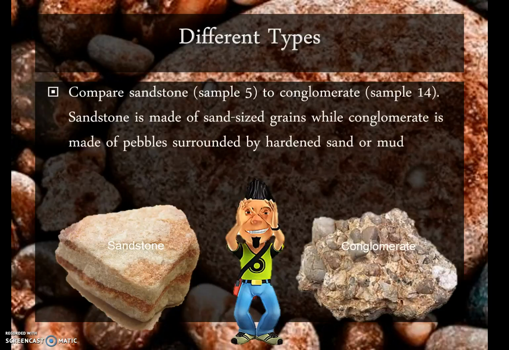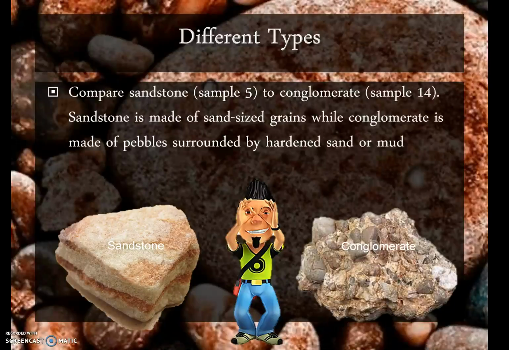So here are some different types of sedimentary rock. Sandstone, which is sample 5 in your kit, and conglomerate, which is sample 14. You can see that sandstone, as its name tells us, is made of sand-sized grains, while conglomerate is made of pebbles that are cemented together with hardened sand or mud.